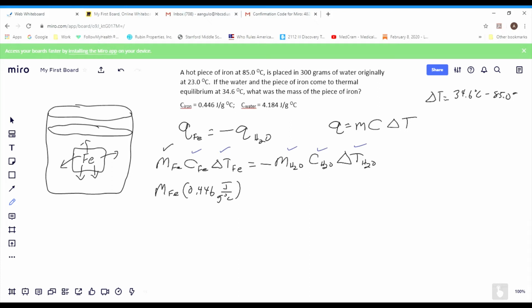It's always final minus initial, where you ended up minus where you started. Let me get my calculator to make sure I'm doing this right: 34.6 minus 85.0 gives me minus 50.4. So it lost 50.4 degrees Celsius.